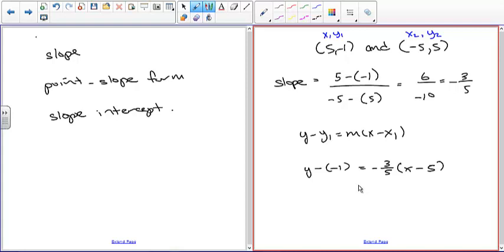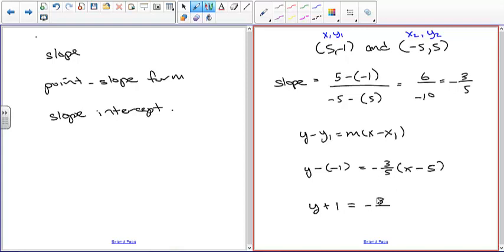Now we want to get it in slope-intercept form. The procedure is you do whatever you need to do here. If it's negative and positive, then you just make it negative. If it's negative and negative, then it becomes positive. So it's going to be y plus 1. Then you distribute the slope to both terms.